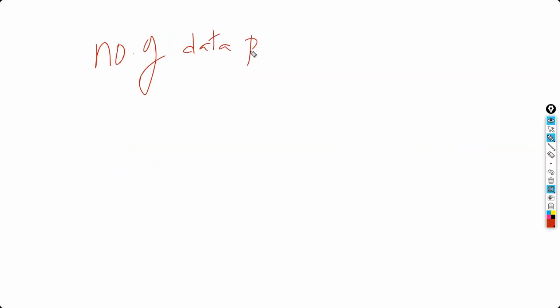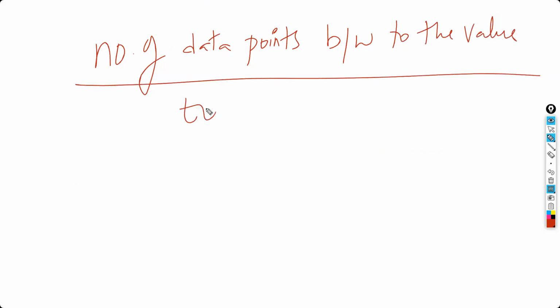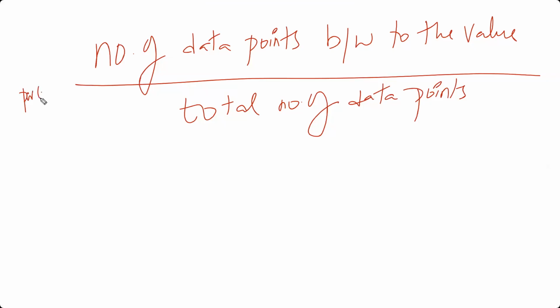Number of data points below this value divided by total number of data points is called percentile. The percentile formula is this one.